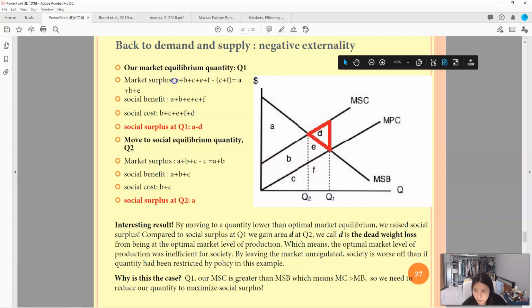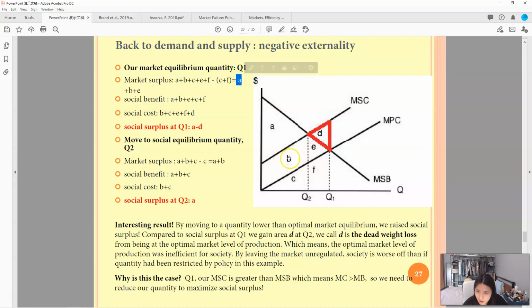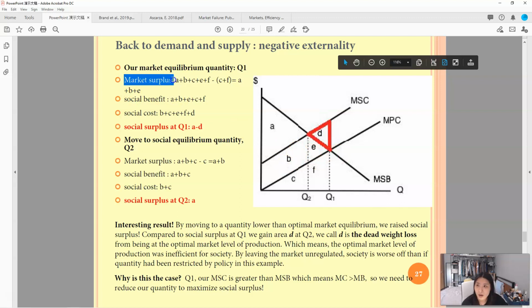That is market benefits minus market costs. So the result would be the sum of areas A, B, and E. So that is our market surplus.